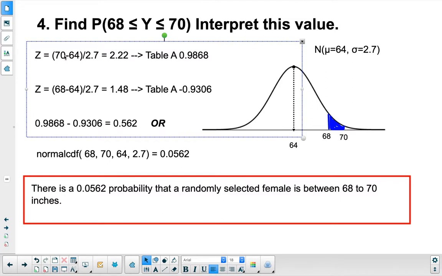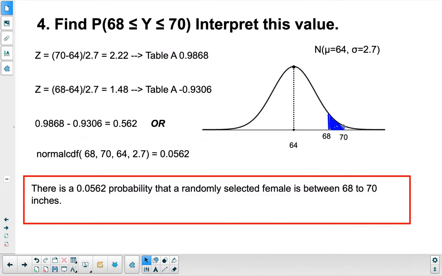So 6 divided by 2.7, yeah, that's 2.22 as a z-score. That's over 2 standard deviations above the mean. 68 is only 1.48 standard deviations above the mean. Find the area to the left of it, and you'll do the area to the left of 70 minus the area to the left of 68, and that will give you the area in between.